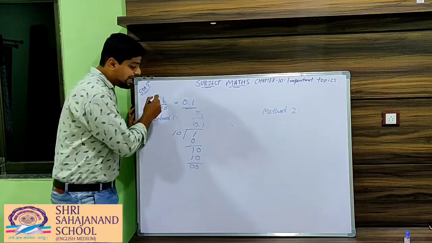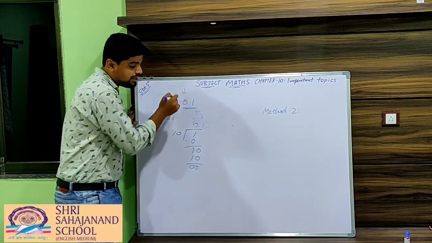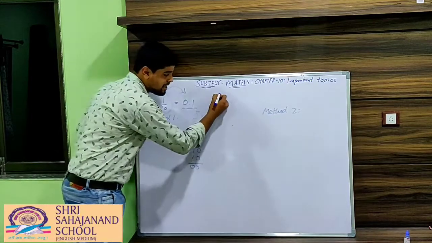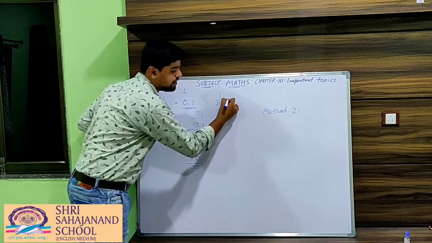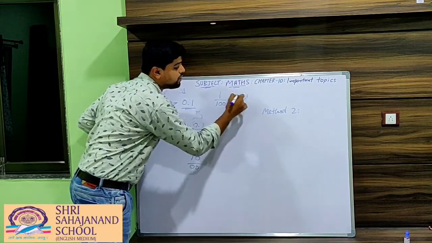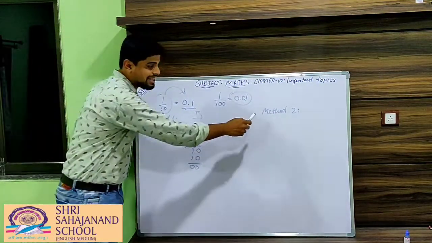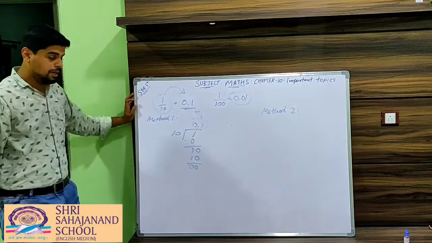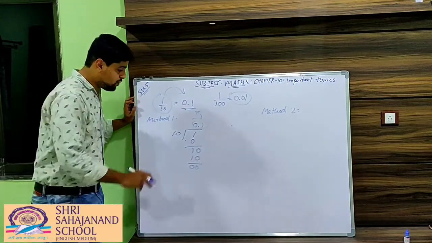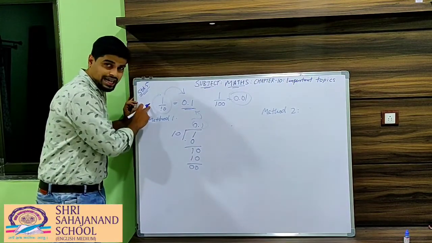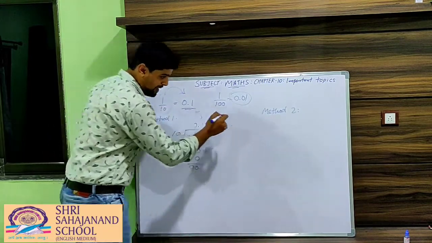How to convert any tenths into decimal point, or any hundredths. If hundredths is also given, then how to convert it into a decimal number. The second method is very simple. First you have to write that particular tenths fraction form as it is.